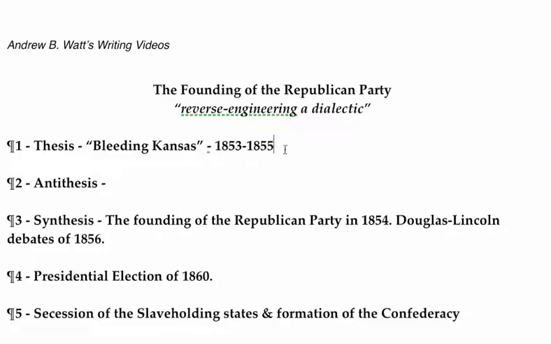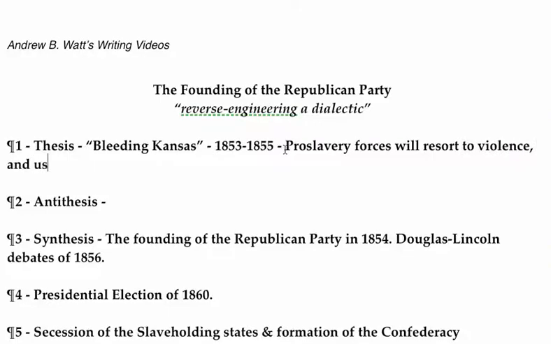And what anti-slavery advocates are learning from this, what the abolitionists are learning from this, is that the pro-slavery forces will resort to violence and use government to justify it. And you should be able to build a paragraph around these concepts.